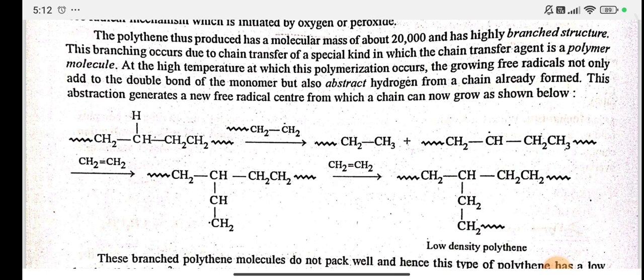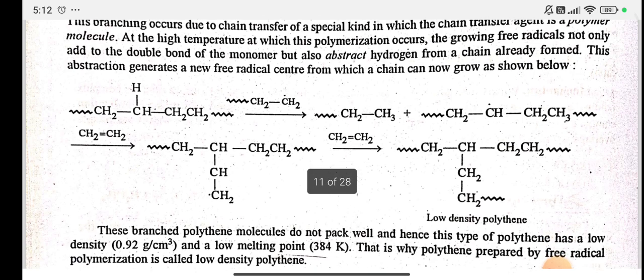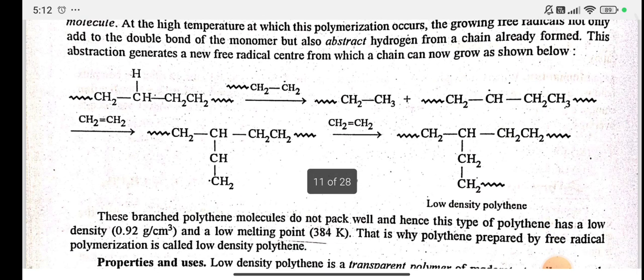At the high temperature at which the polymerization occurs, the growing free radicals not only add to the double bond of monomer but also abstract hydrogen from the chain already formed. The abstraction generates a new free radical center from which a chain can now grow as shown below.